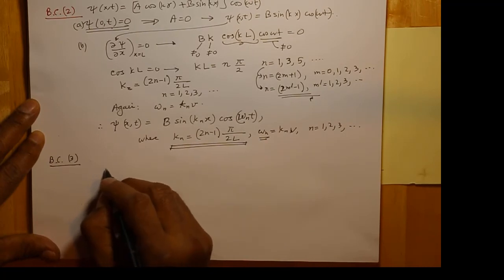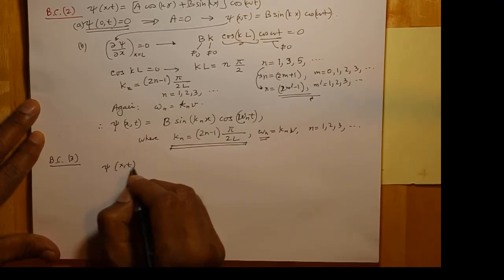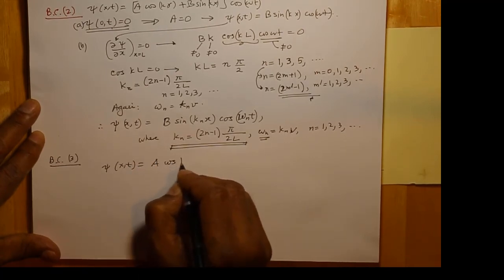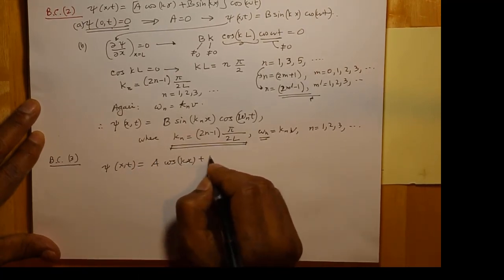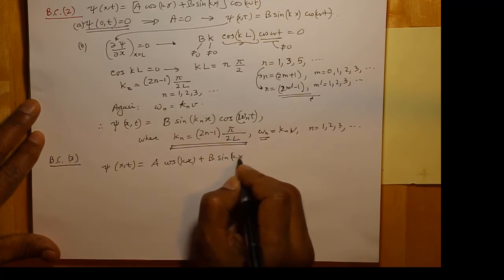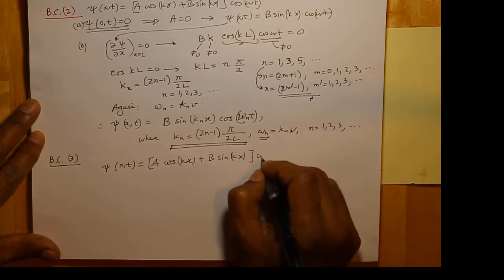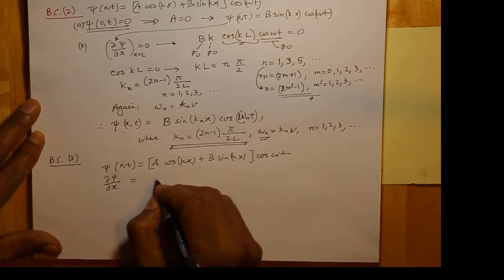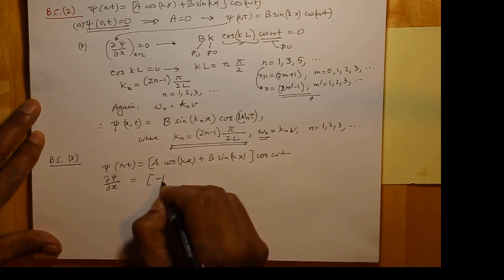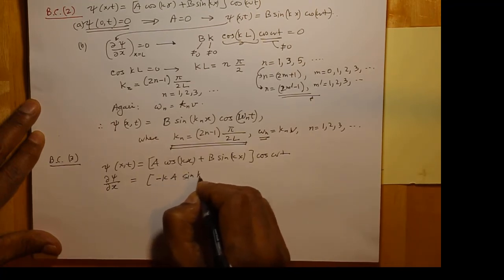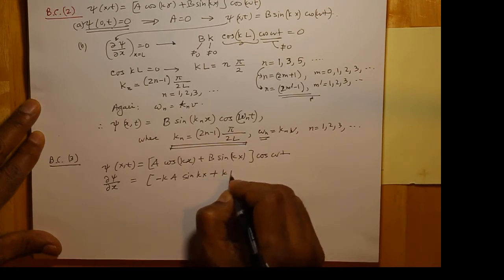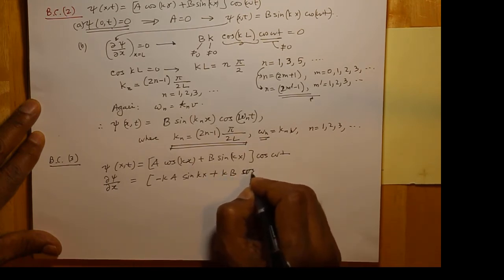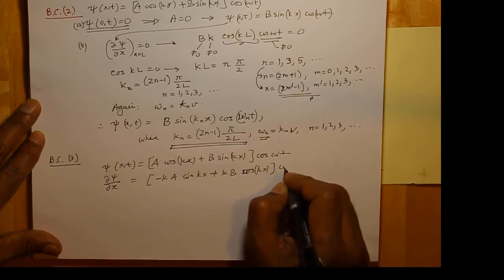You start with psi x t equals a cosine kx plus b sine kx, times cosine omega t, and then you will have d psi dx, which will be minus k a sine kx plus k b cosine kx, times cosine omega t.